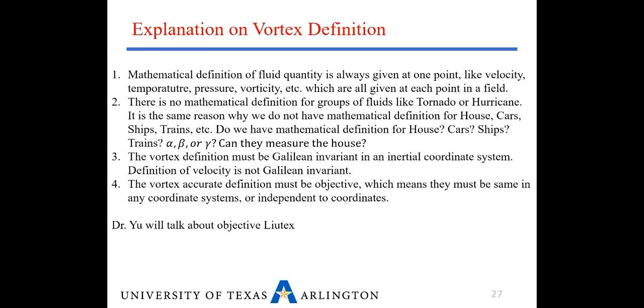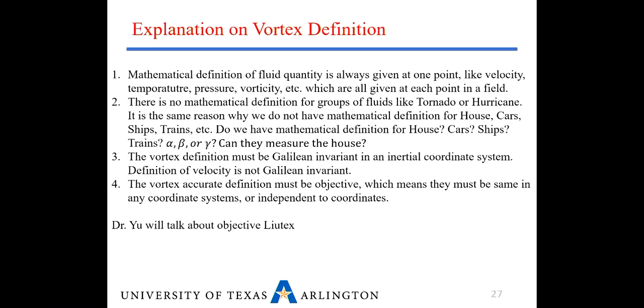Also, we say the vortex definition must be Galilean invariant in the inertial coordinate system. That's what we call Galilean invariant. Also, I think an accurate vortex definition must be objective, which means it must be the same, with no change in any coordinate system.